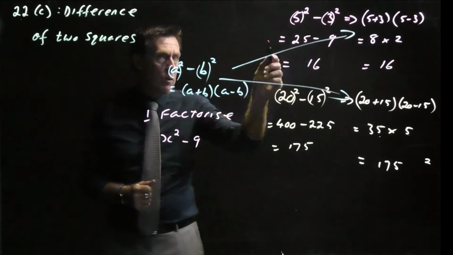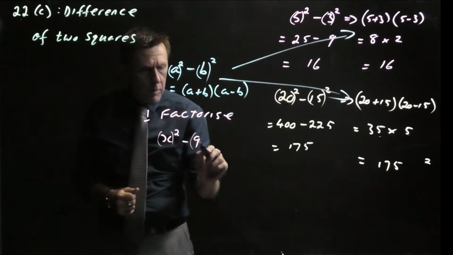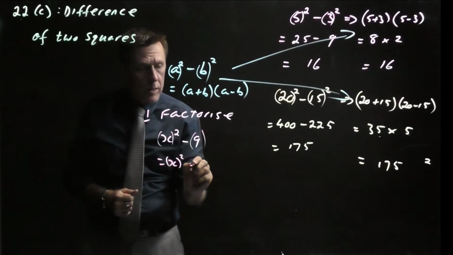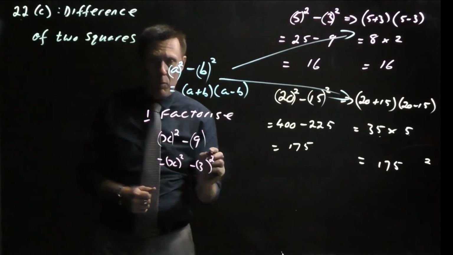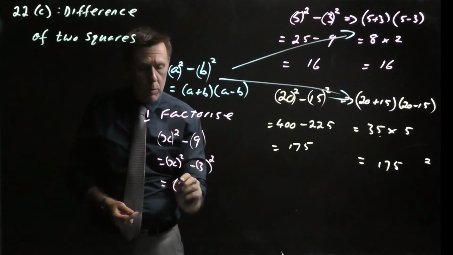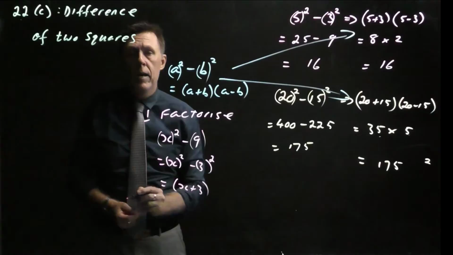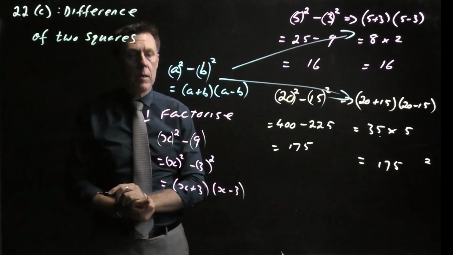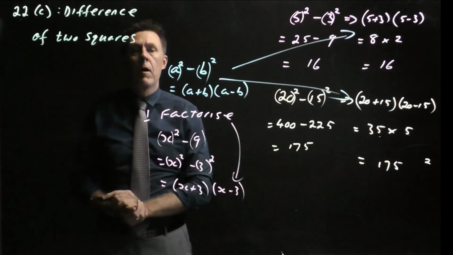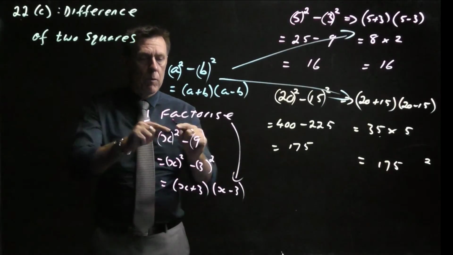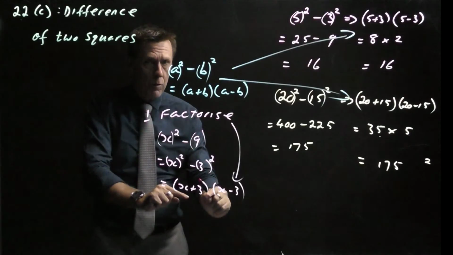Well, as we've done all along, find out what is the number that's actually being squared. So we have x squared take away 3 squared. And the pattern says you take the two numbers, put them inside one bracket, added together, and inside another bracket subtracted from each other. Factorised. That's one style of question you're going to get.